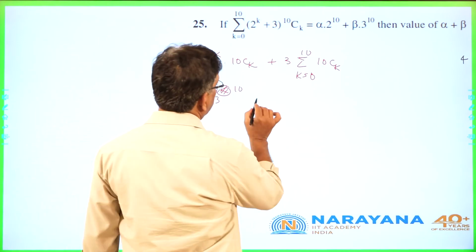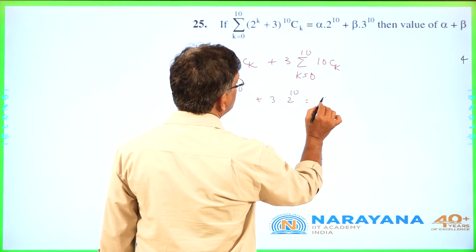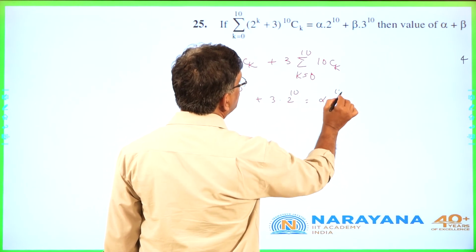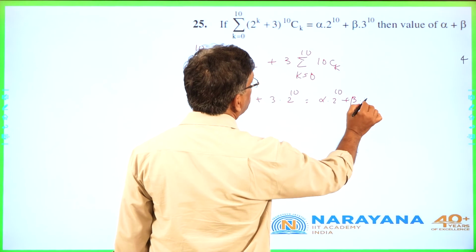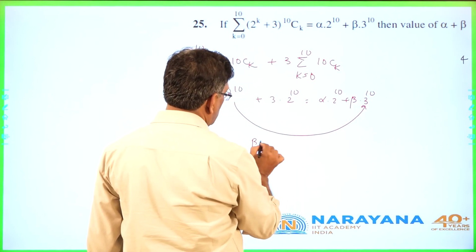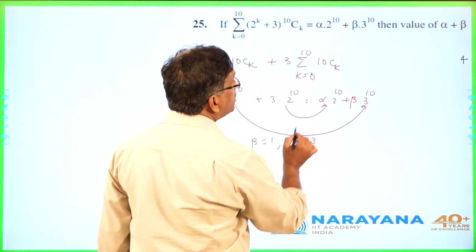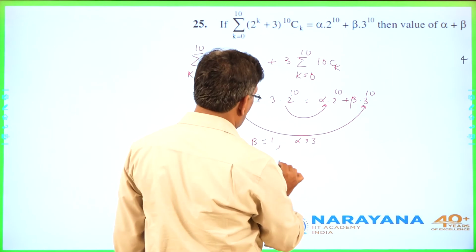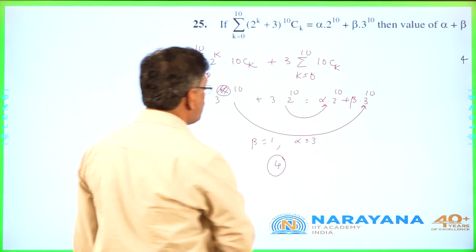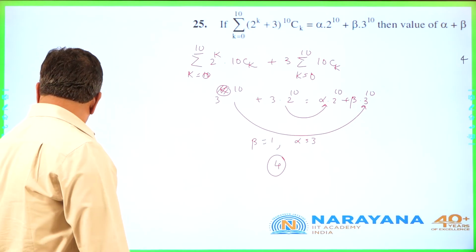It is 10 plus 3 times, this is 2 power 10. This is alpha into 2 power 10 plus beta into 3 power 10. So beta equal to 1, alpha equal to 3. He is asking the sum of these two, that is 4. This is question number 25.